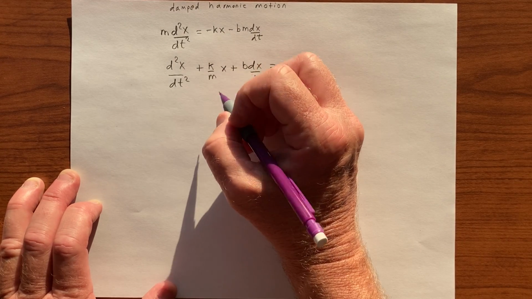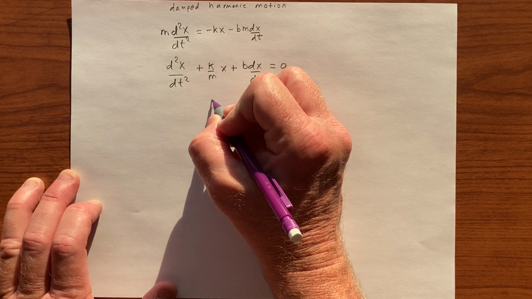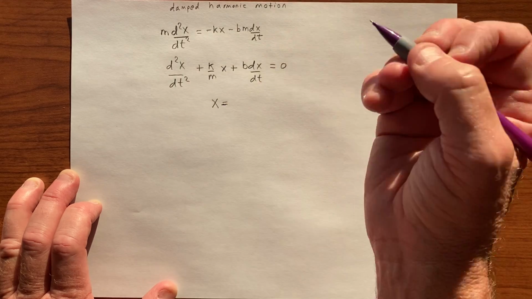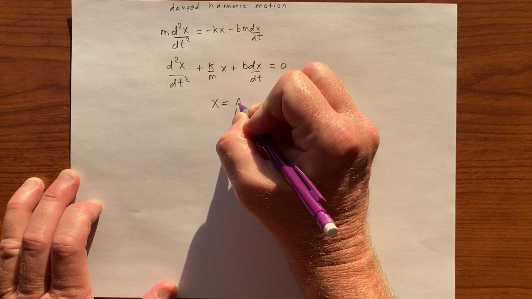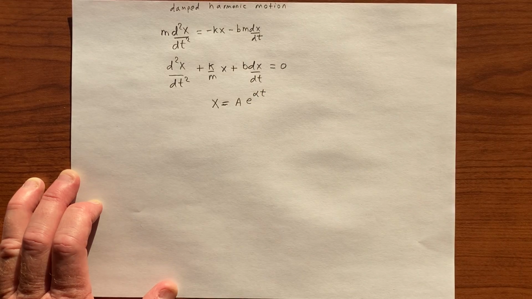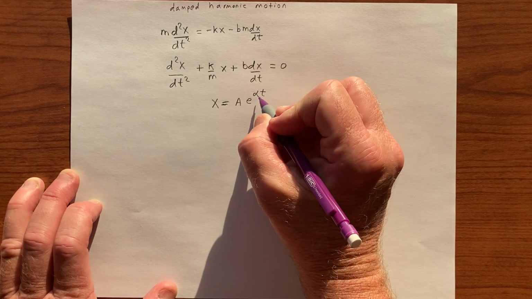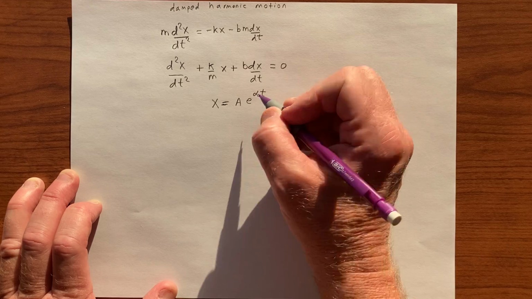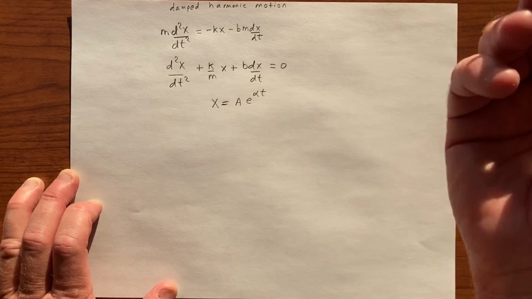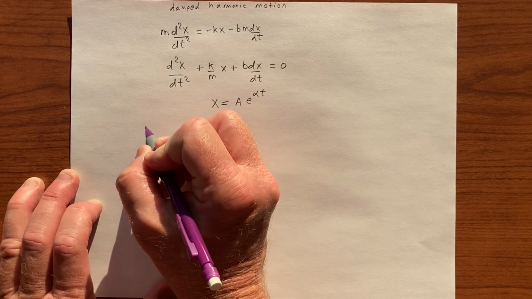This will be easier to do when we get to the RLC circuit, but the general solution, including the cosine or sine function, can be written as a e to the alpha t, where alpha is to be determined. It could be a complex number, and that would be a cosine or sine function, or it could be a real number, in which case it would be exponential. It could be exponential growth or exponential decay. And so that captures all possible solutions.